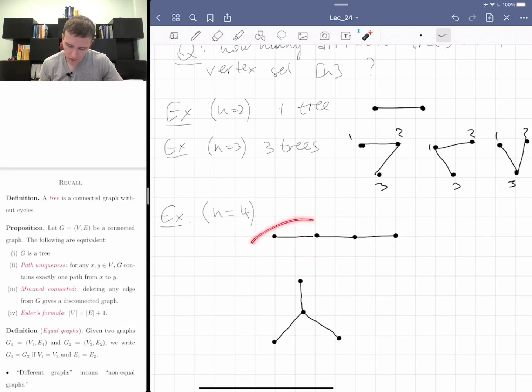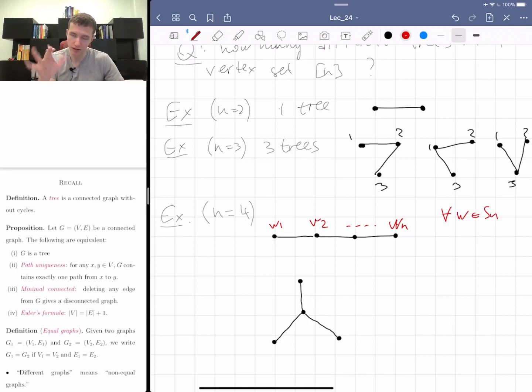Well, for the path, it's very easy. You can label it in any way you want, maybe w1, w2, all the way up to wn for any permutation w in S_n. But if you reflect the path, then the labeled tree is going to stay the same.